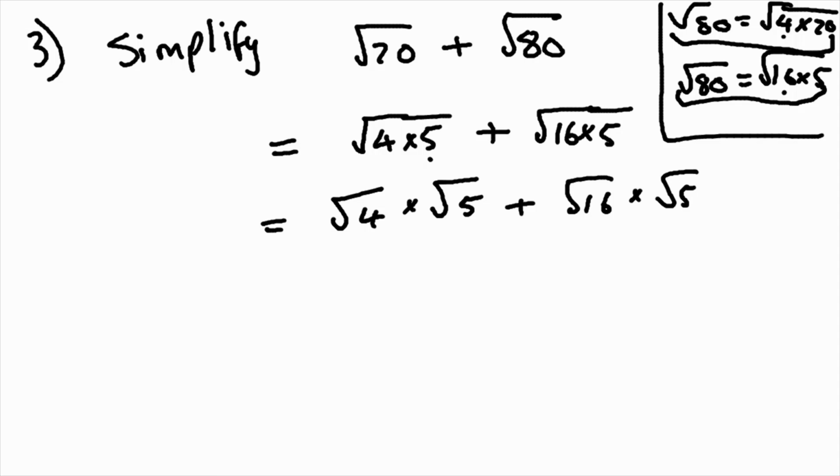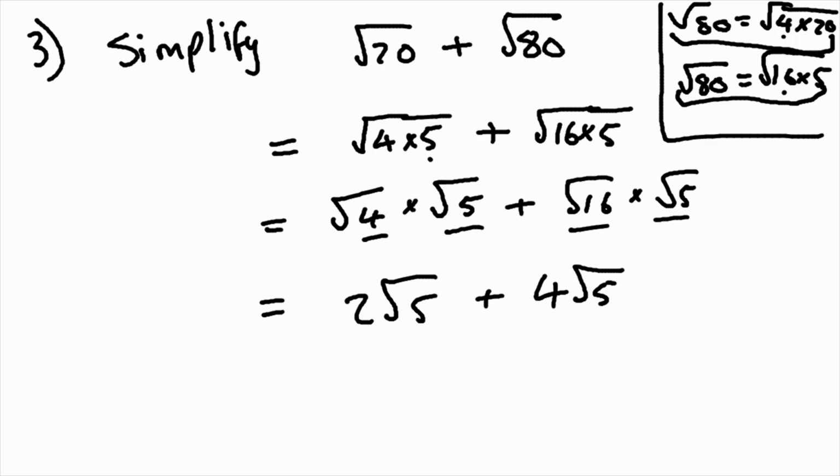So we've got root 4 times 5, and we're splitting it up into root 4 times root 5, and root 16 times 5 is root 16 root 5. The square root of 4 is 2, and we're multiplying it by root 5. The square root of 16 is 4, and we're multiplying it by root 5.